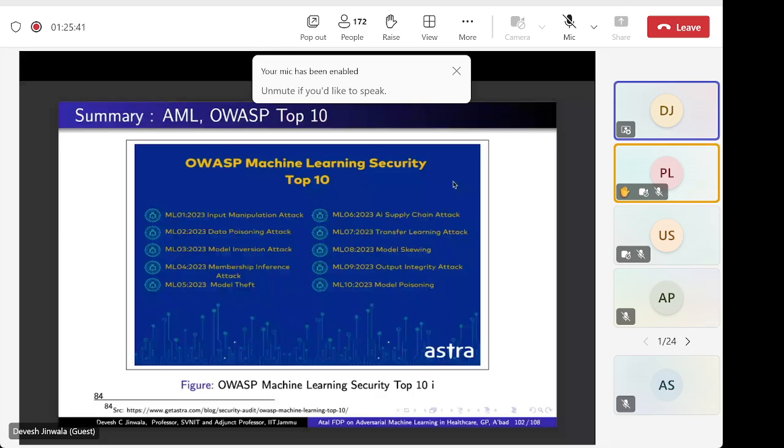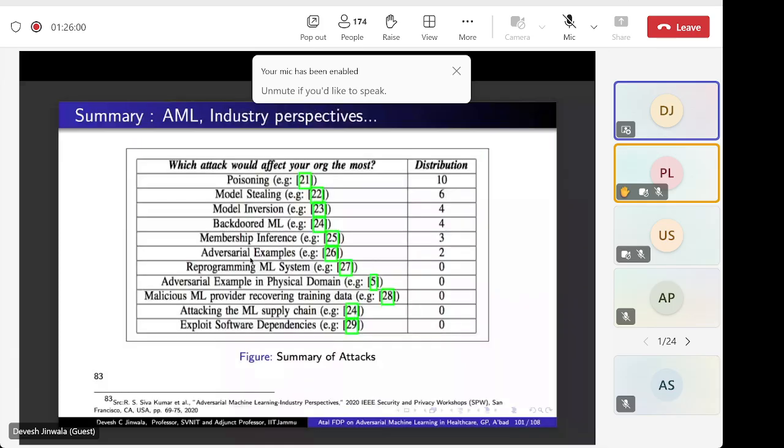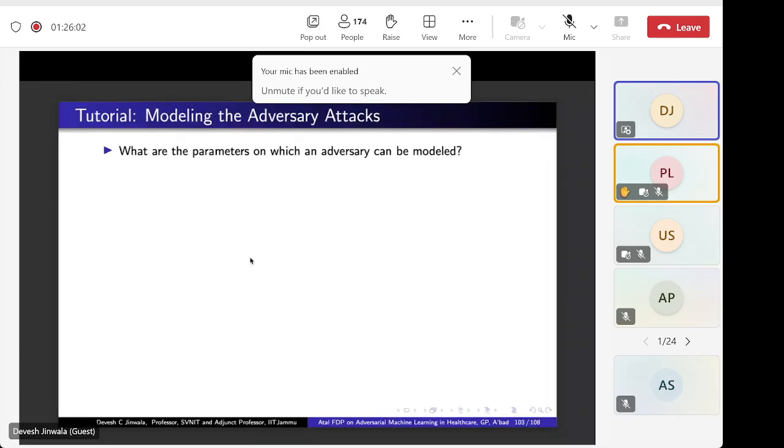Every year it is published. The data which I am showing is that of 2023, slightly older data, but at that time, amongst the machine learning attacks in adversarial machine learning, what were the most frequent attacks? So you would see data poisoning standing on top in both cases, in this industry perspective also, and here also. So quite an interesting thing to learn about.